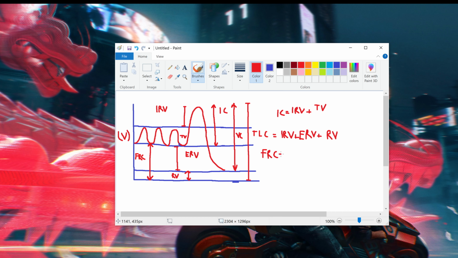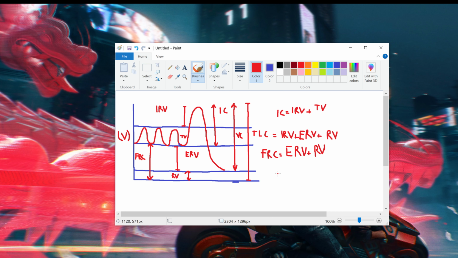I mentioned that you can't measure residual volume directly; since you can't measure it, you can calculate it. So what is FRC? It's the amount of air remaining in the lungs at the end of a normal exhalation. It's calculated by adding together residual volume and expiratory reserve volume. Its normal value is around 1800 to 2200.